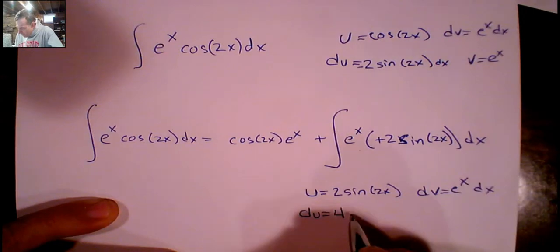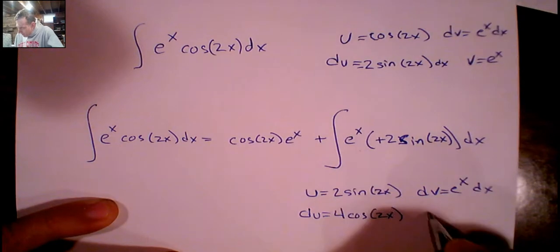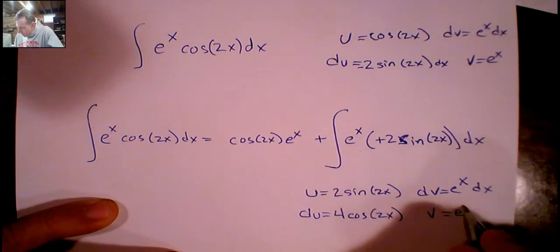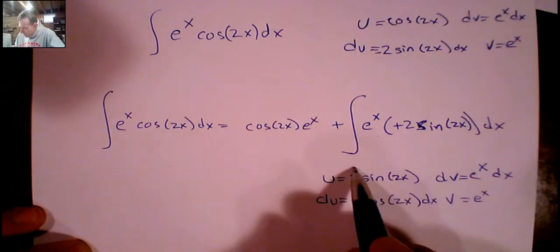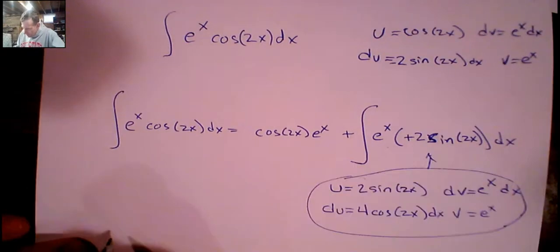So du is 4 cosine of 2x, and v is e to the x. Okay, so hopefully that makes sense. Now let's go ahead and plug this into this one. So all of this stuff goes in here.